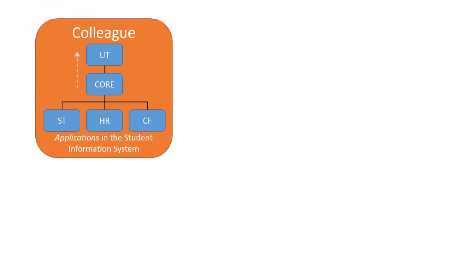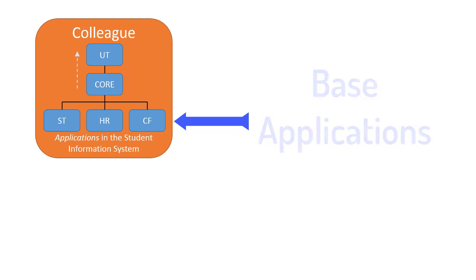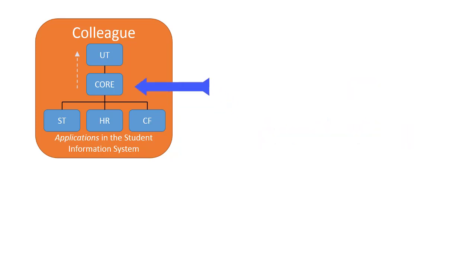Our student information system, Colleague, is comprised of a tree structure of applications that contain the various tables that make up the system. At the base are the student, ST, human resources, HR, and the Colleague financial, CF, applications. You may also have an application called Colleague advancement, CA.